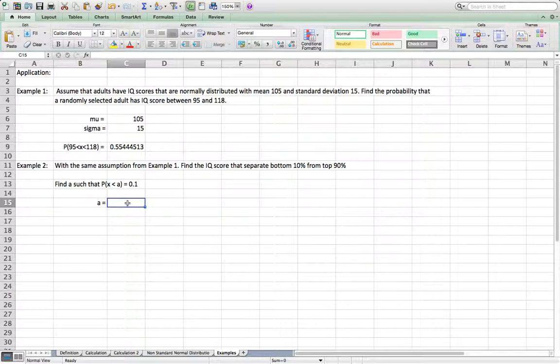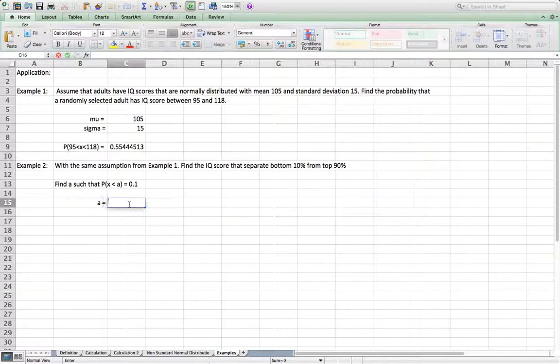Now, with the same assumption from example 1, find the IQ score that separates the bottom 10% from the top 90%. Equivalently, you need to find A such that the probability for X less than A is 0.1.